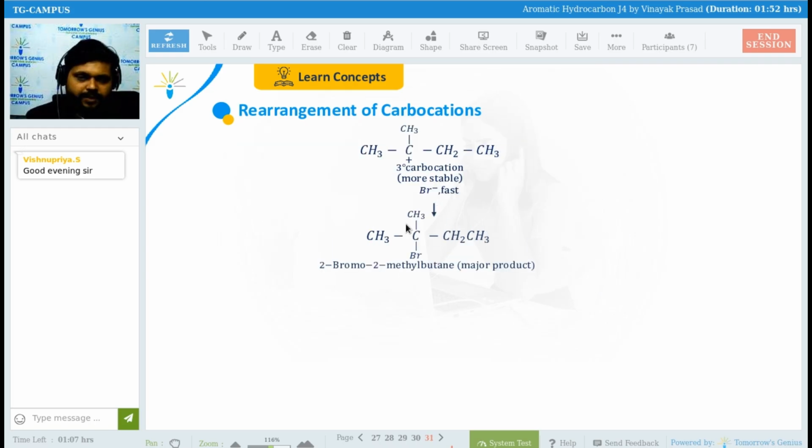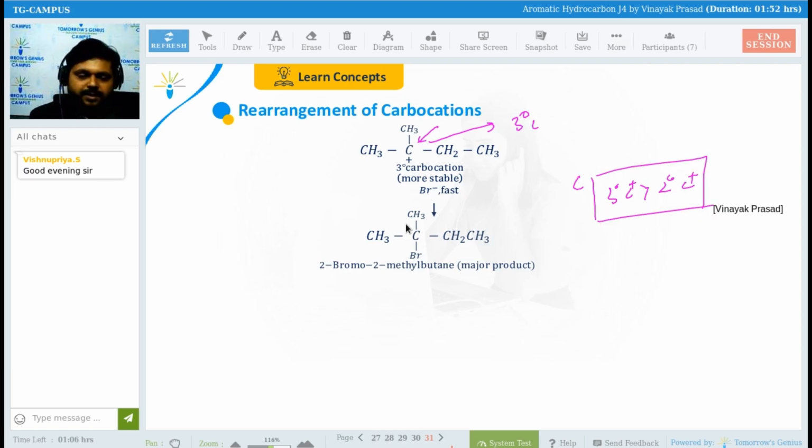Is it okay? Now what will be happening? A carbocation will be generated. Now this carbocation will be a 3 degree carbocation, and we know that 3 degree carbocation is more stable than 2 degree carbocation. Clear? Is it okay, guys? Any doubt to anyone?